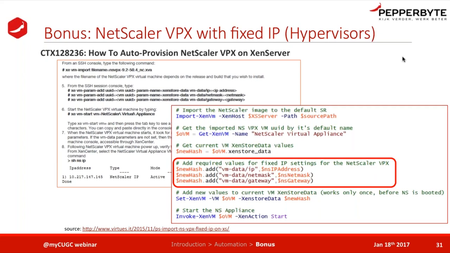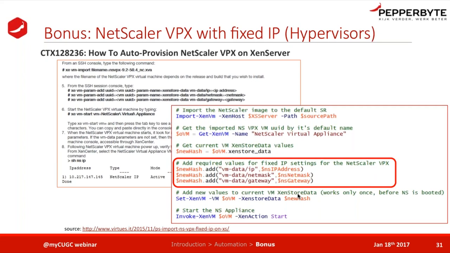So I translated that by using the XenServer commandlet snap-ins into a PowerShell script that will easily allow me to make sure that when I have my NetScaler VPX imported on XenServer, I'll configure it with the fixed IP address that it will use when it first boots.